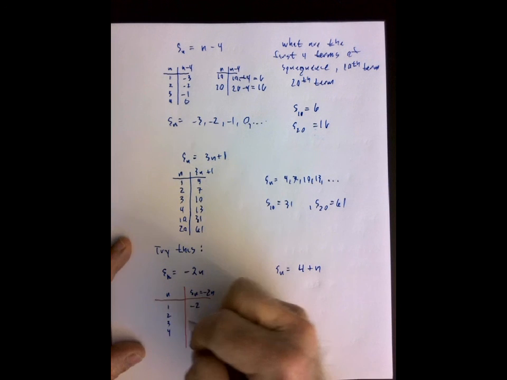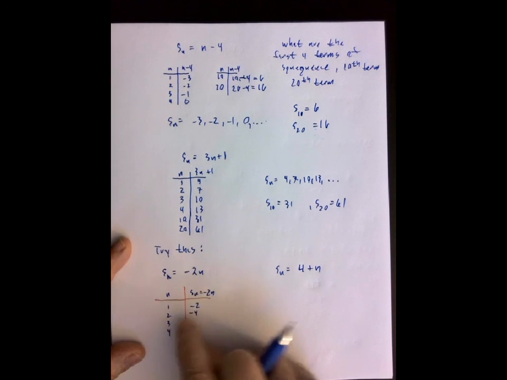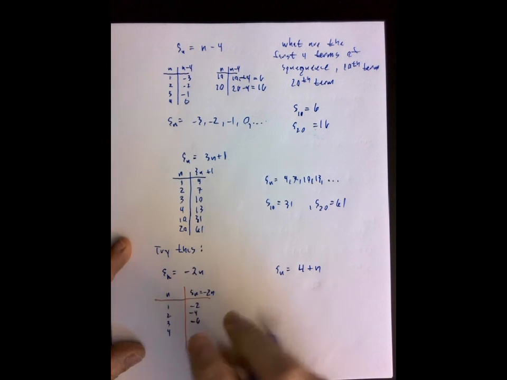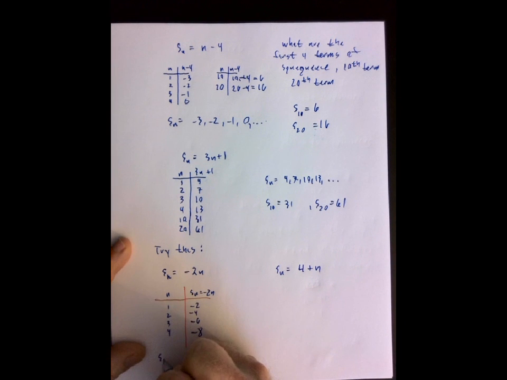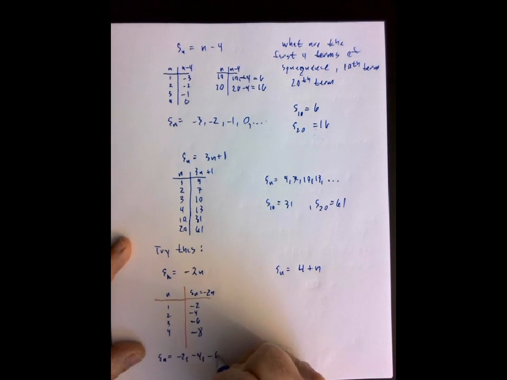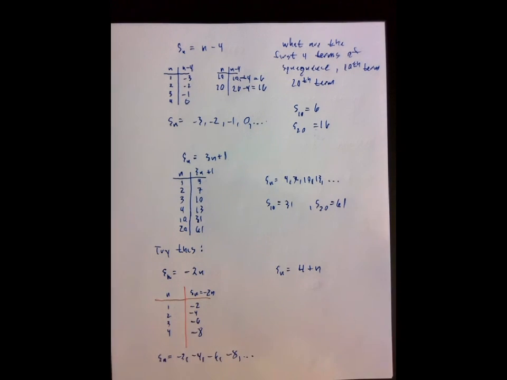Negative 2 times 2, that's negative 4. Negative 2 times 3 is negative 6. Negative 2 times 4 is negative 8. So the first 4 terms, S of n, that's negative 2, negative 4, negative 6, negative 8, and then dot, dot, dot to show that it would keep going, because really n doesn't stop for these infinite sequences.